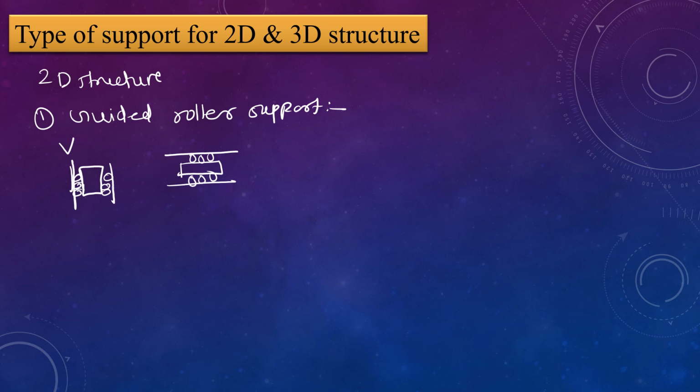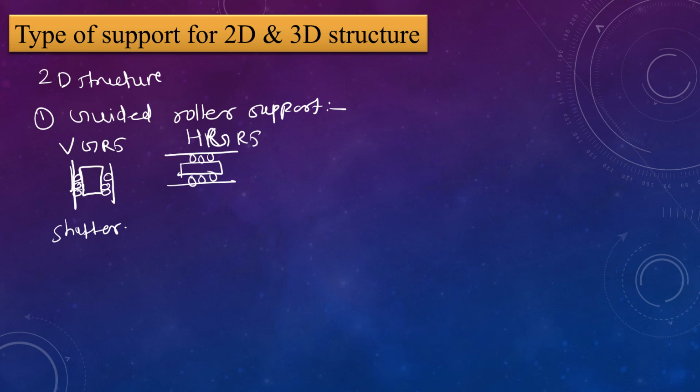So this vertical guided roller support example is shutter, shutter of stores.